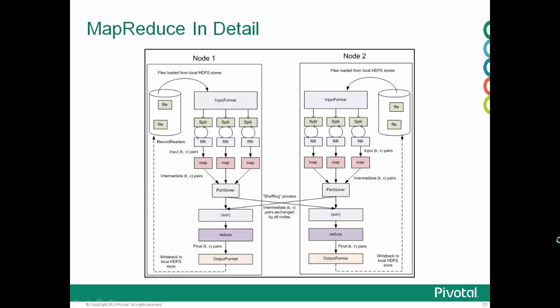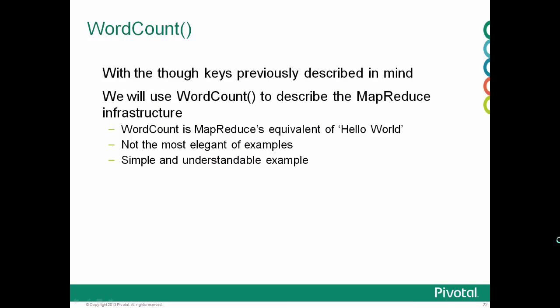And then the reducer will read the next key value pair from intermediate data and aggregate that data as well. Once the job is completed, then all final results will be stored in HDFS.